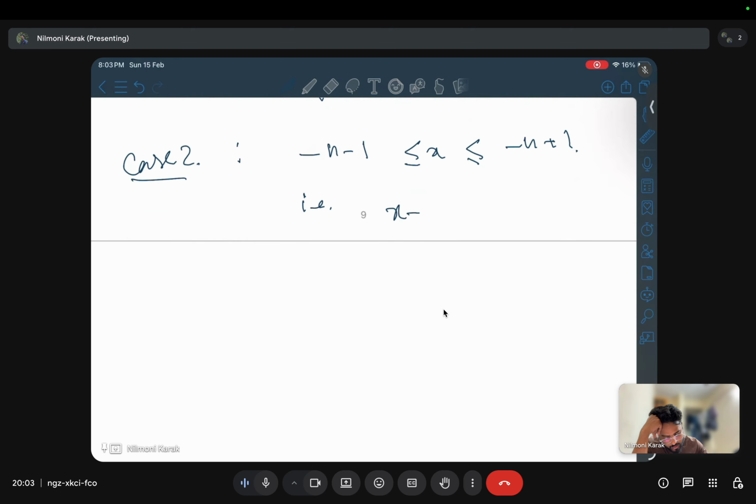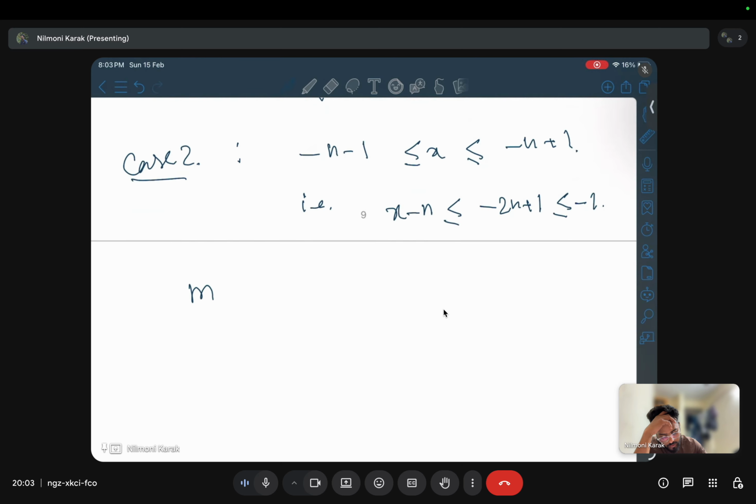That is basically x minus n less than or equal to minus 2n plus 1, and the upper bound of minus n is minus 1, so x minus n less than or equal to minus 1.